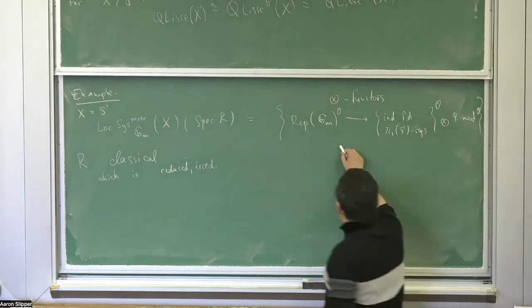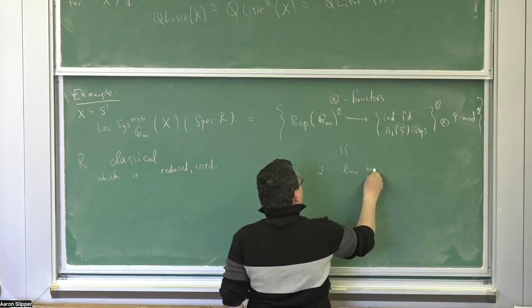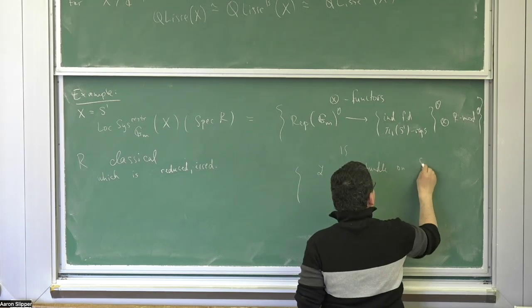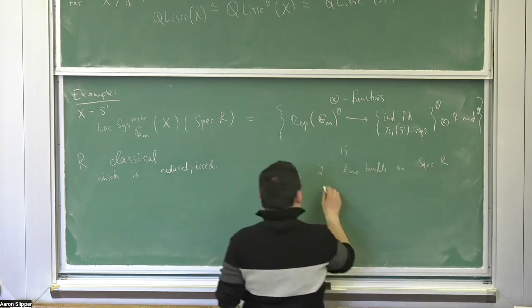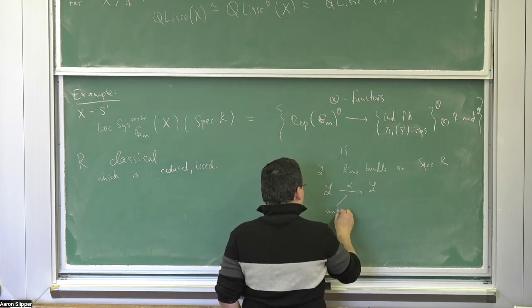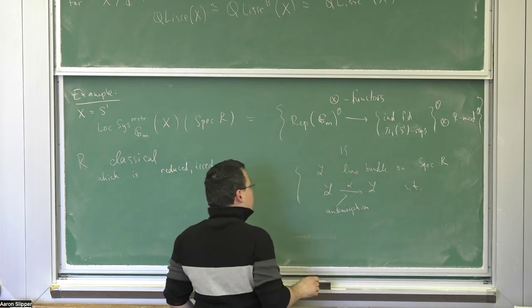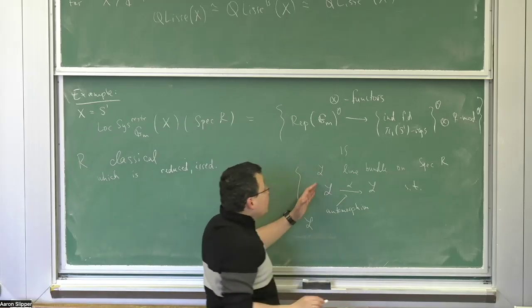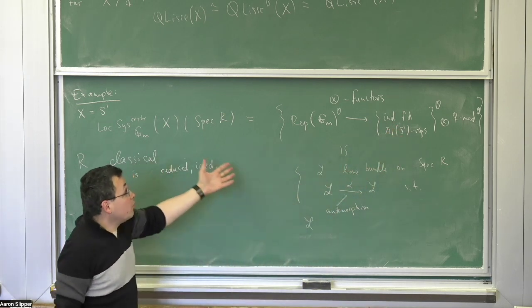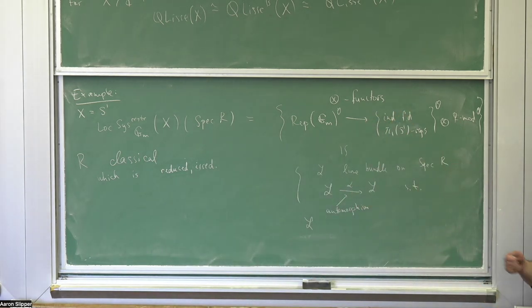So what is this? This is the same as a line bundle L on Spec R together with an automorphism. If I didn't impose the infinite dimensional condition, that would be just all line bundles on Spec R together with an automorphism.